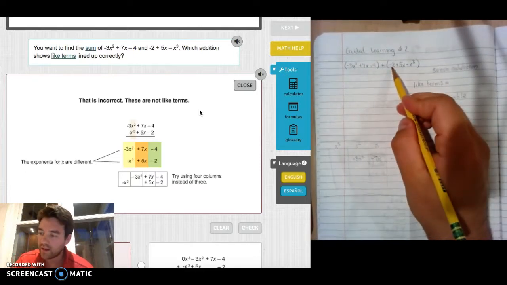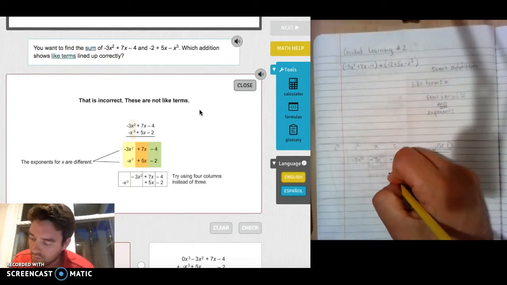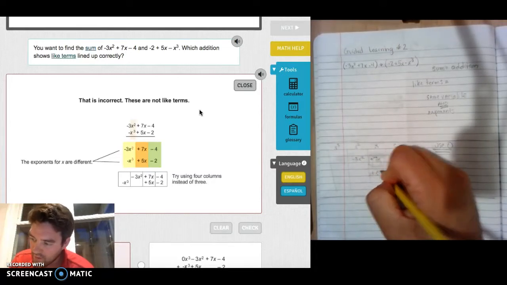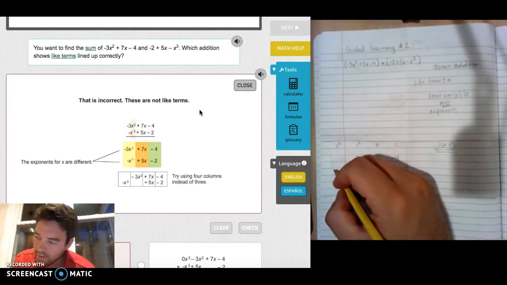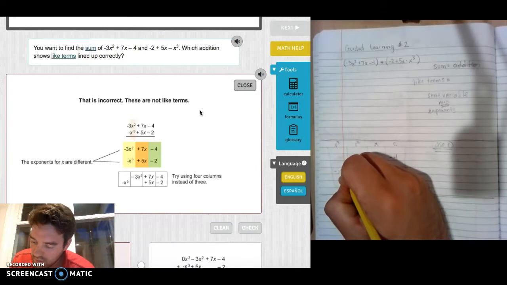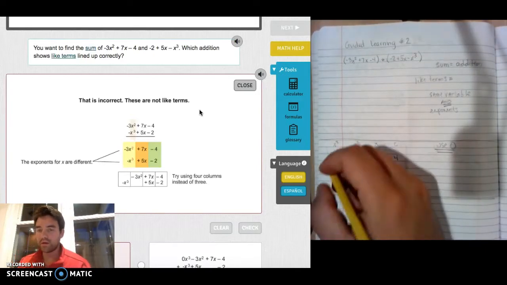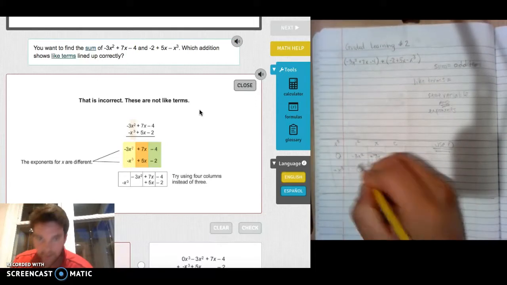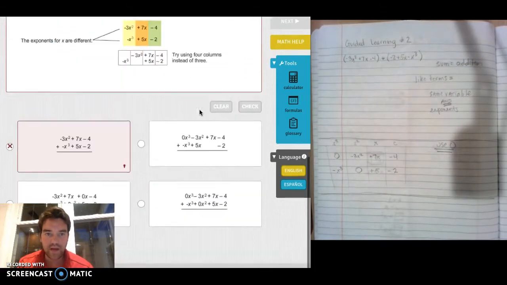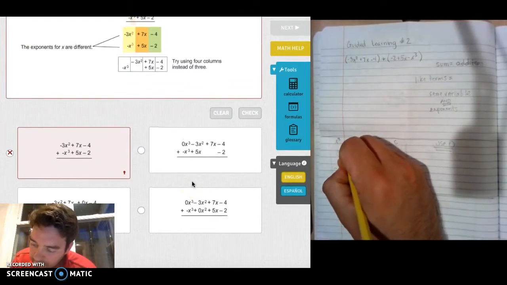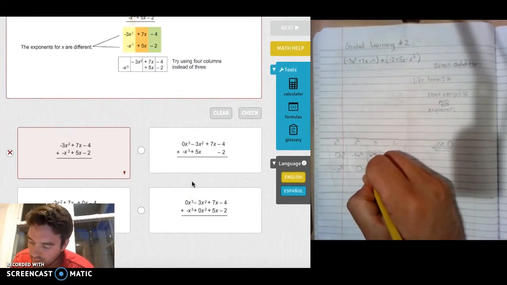And then this one, I had a negative 2, a plus 5x, and even though it's in a different order, then it's going to be negative x cubed. And I think I'm done. It said to use 0 as a placeholder, so I'm going to put the 0 here and the 0 here. And let's see if there's anything else. Oh, 0x cubed is 0x squared.